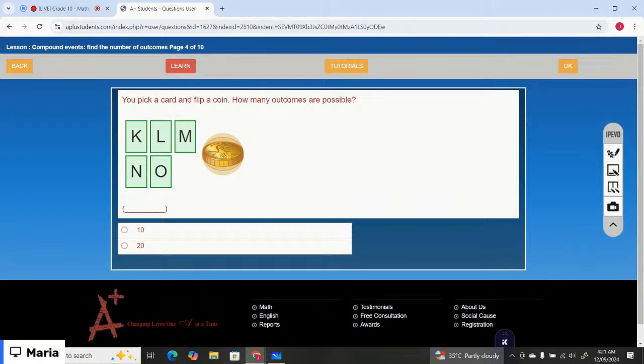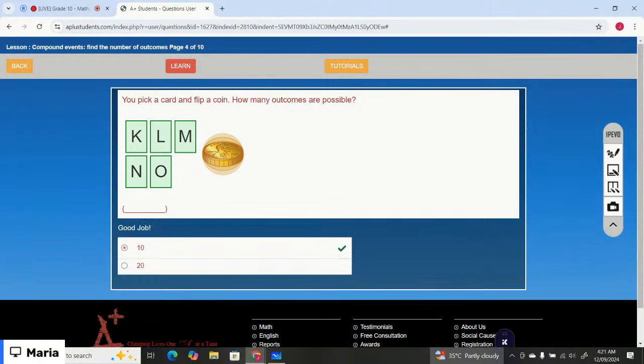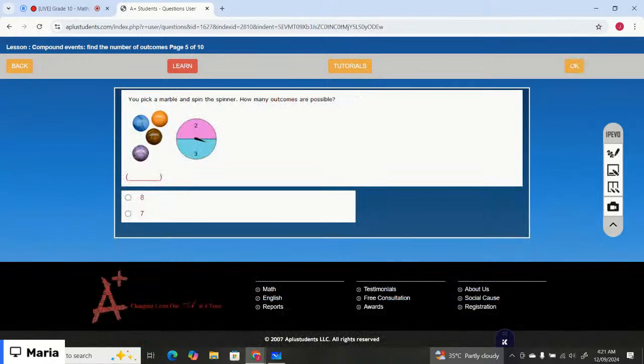You have 5 outcomes for the card and 2 outcomes for the coin. So, together you have 10 outcomes for the compound event, right? Option number 1 is the correct option.